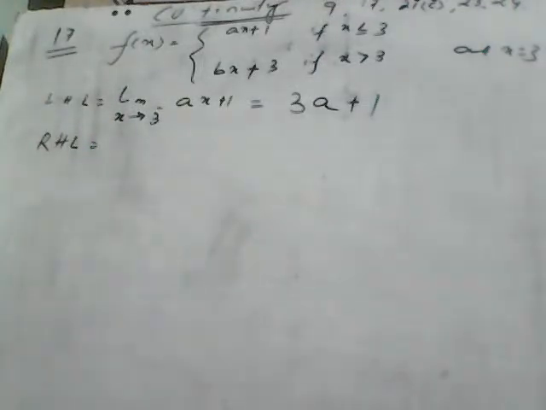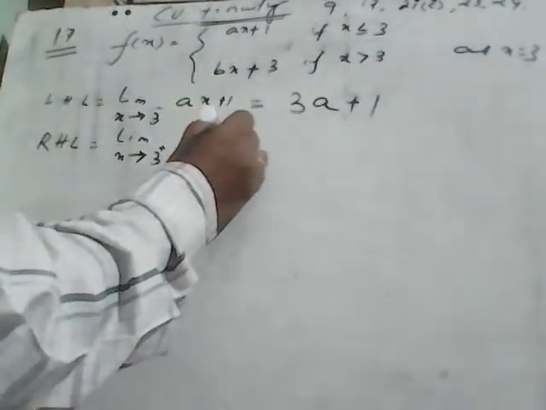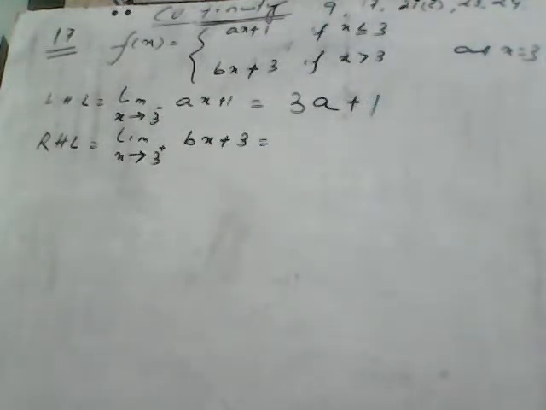Then the right hand limit at x equal to 3, the limit as x approaches 3 plus. Our function, when x is greater than 3, is bx plus 3. As it is an algebraic function, a polynomial, bx plus 3, put 3 here.